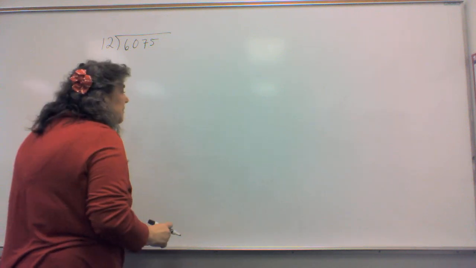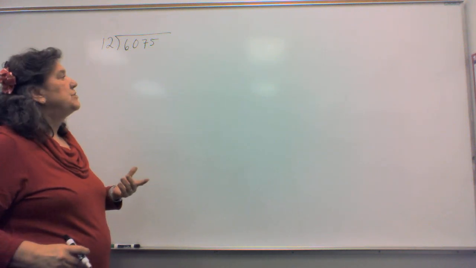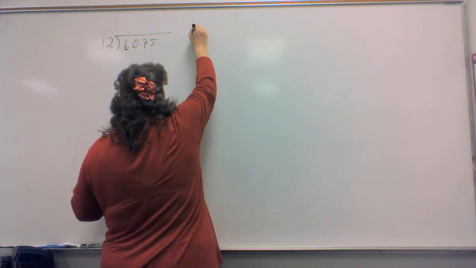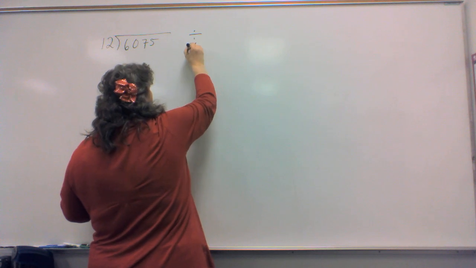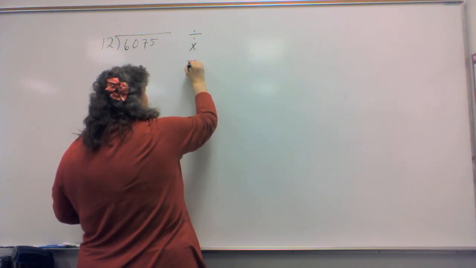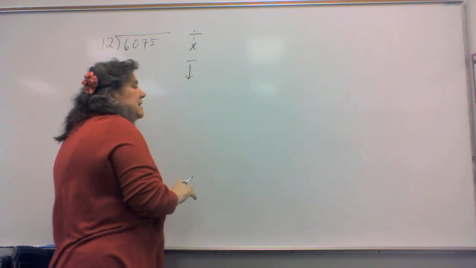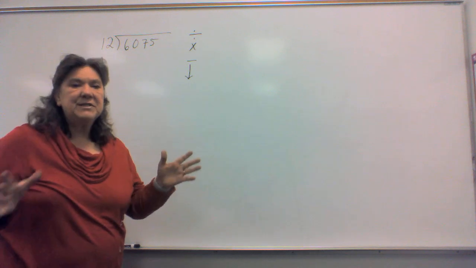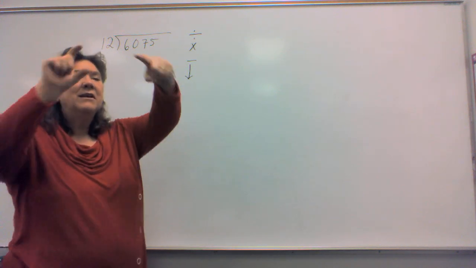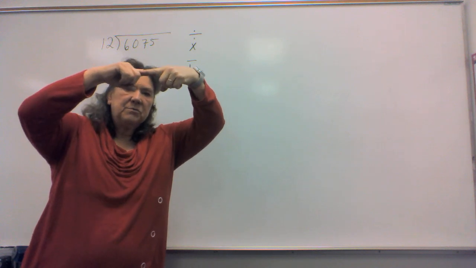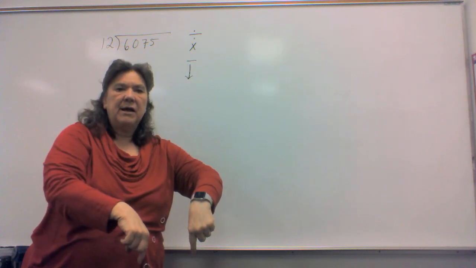As you may not remember, but when we did long division, it had a process. The first of the process was to divide, and then multiply, and then subtract, and then bring down. This is kind of cool because you can actually do symbols. You like hands-on learning? Divide, multiply, subtract, and bring down.